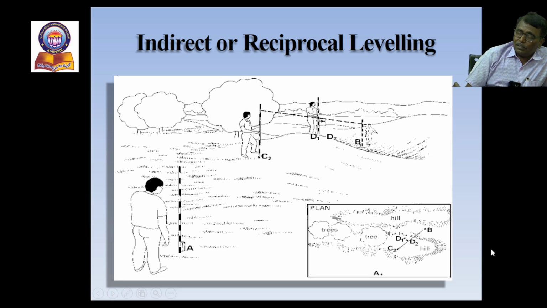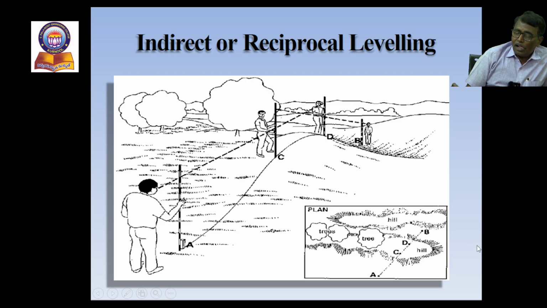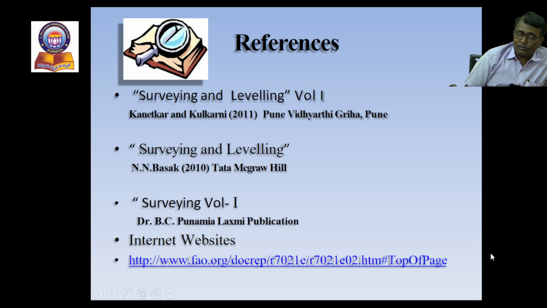Similarly, the person standing at C2 directs the person standing at D1 to a new position D2 such that C2, D2 and B will be in a straight line. This process is continued until the person standing at A can see that A, C, D are in a straight line, and similarly the person standing at B can see that B, D, C are in a straight line. Then this problem will be solved. The indirect ranging can be solved.